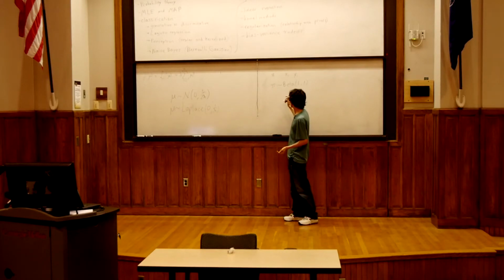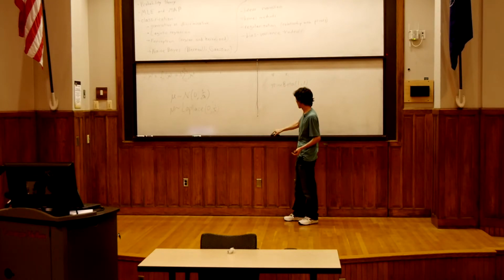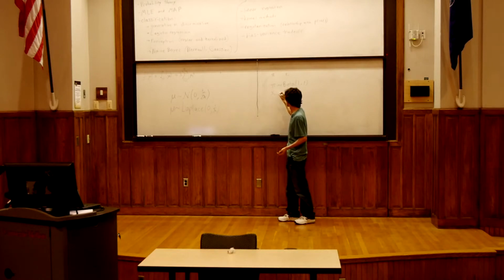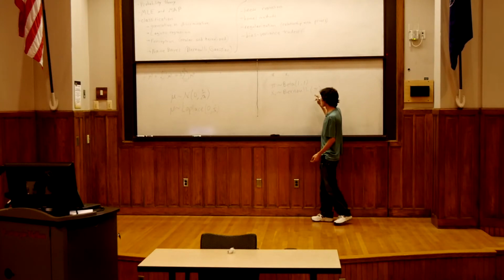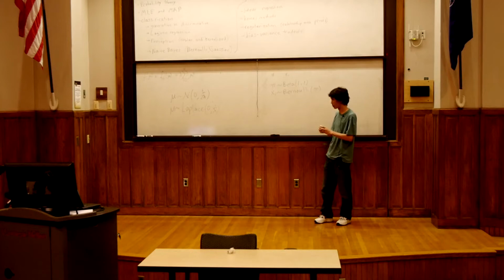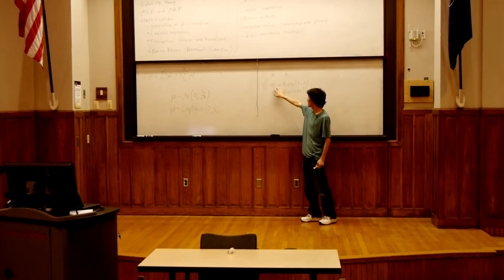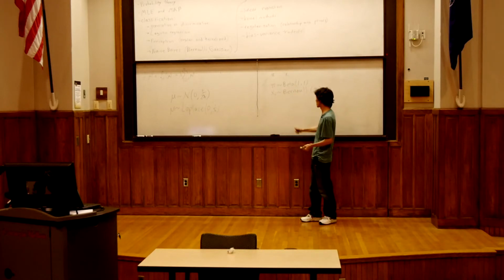Then let's say I'm only generating data points xi, which is the Bernoulli of pi, right? So you can imagine I'm picking the fairness of the coin according to a beta, and then I'm flipping that coin n times to get n coin flips, right?